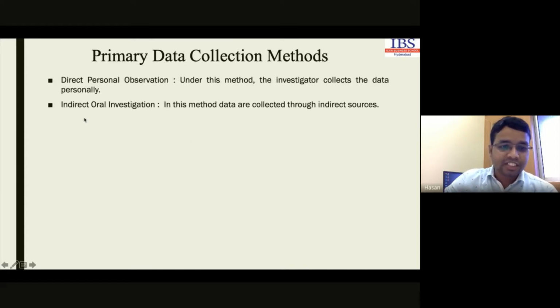If we are trying to get some information from our district collector, who is not easily reachable to everyone, we have to contact someone who is repeatedly in contact with the district collector and ask them to do our job on behalf of us. So this is indirect oral investigation.